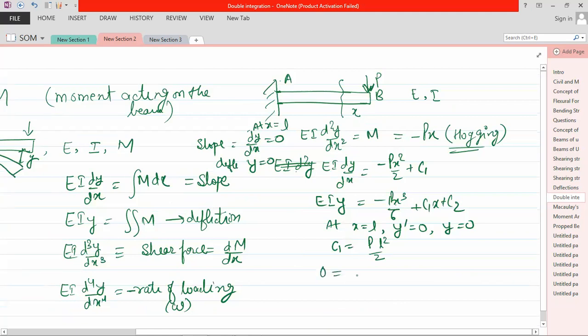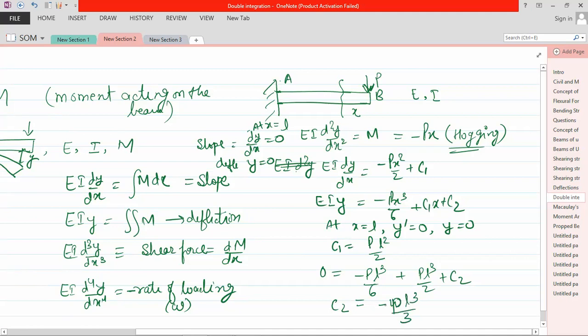Now, what is the C2? 0 is equal to minus P L cube by 6 plus P L cube by 2 plus C2. Now if we transpose it, then C2 is equal to minus, if we write 6, 4 minus 1, PL cube by 3.